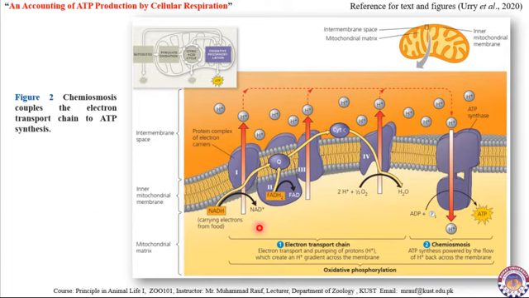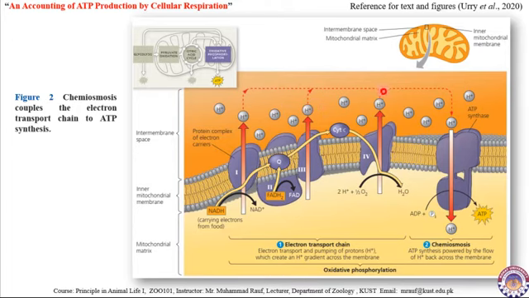Here once again we revise the whole process. These are the 4 complexes which are embedded in the inner membrane of mitochondria. As the NADH molecules enter complex 1, they pass their electrons to a series of electron carriers, and the energy released in these oxidation reduction reactions helps in pumping protons into the intermembrane space.